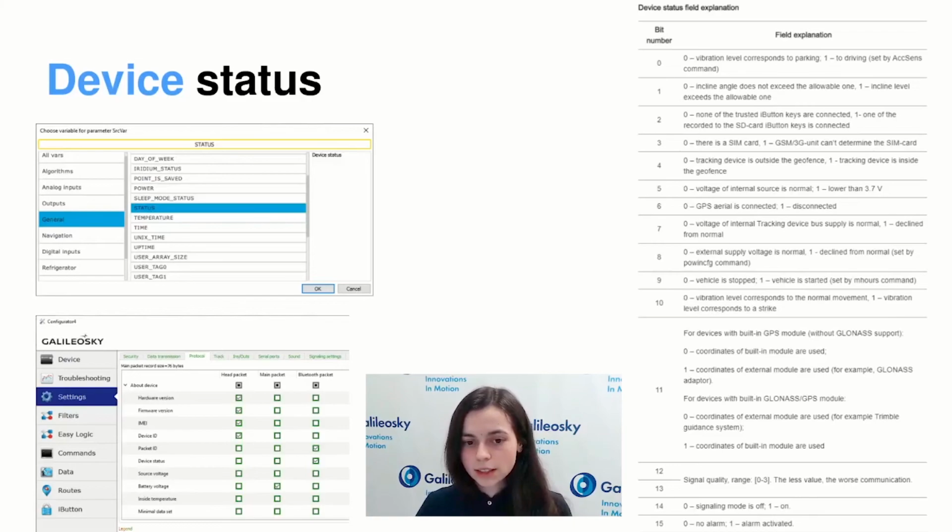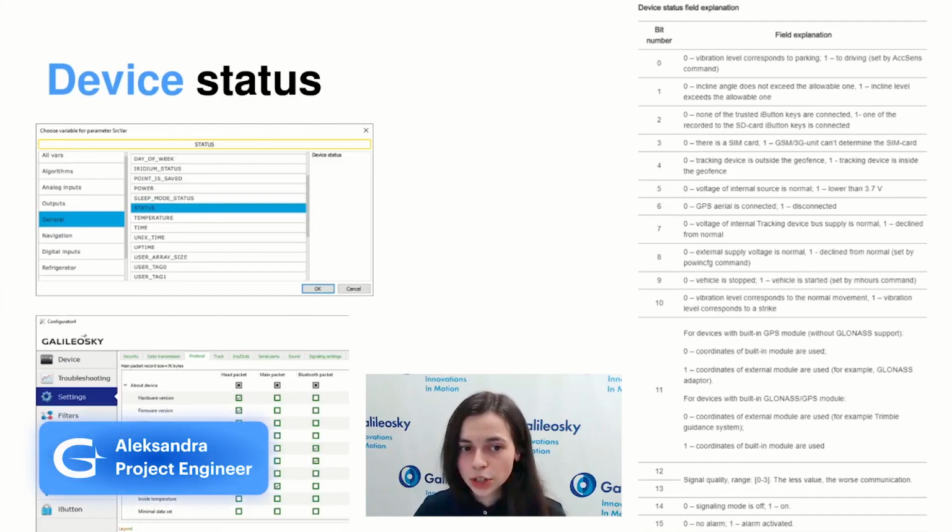From this variable alone you can understand really a lot: if the quality of signal is good, if the GPS module is working, if the vehicle is stopped or in motion, if we have some problems with voltage, if it is normal or outside the normal value. Actually, the 12th and 13th bits are responsible for signal quality, so you can take it from this parameter in Easy Logic. About how to do this, we will tell you rather soon.